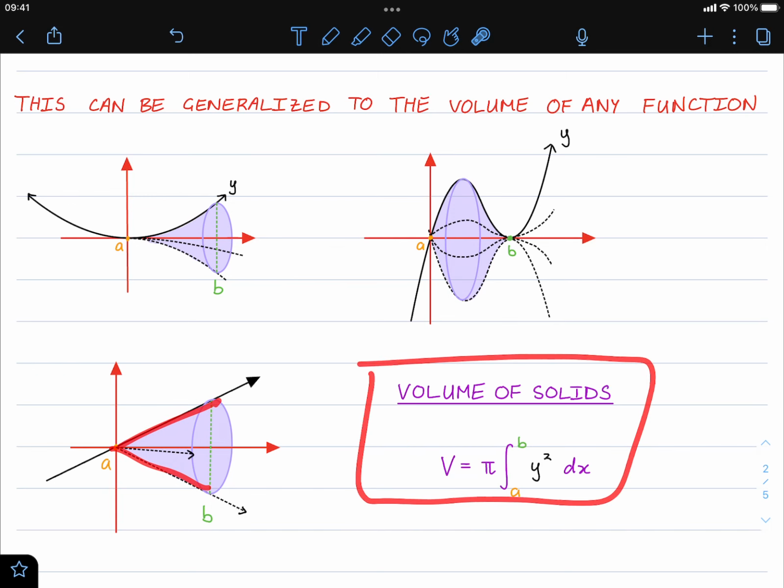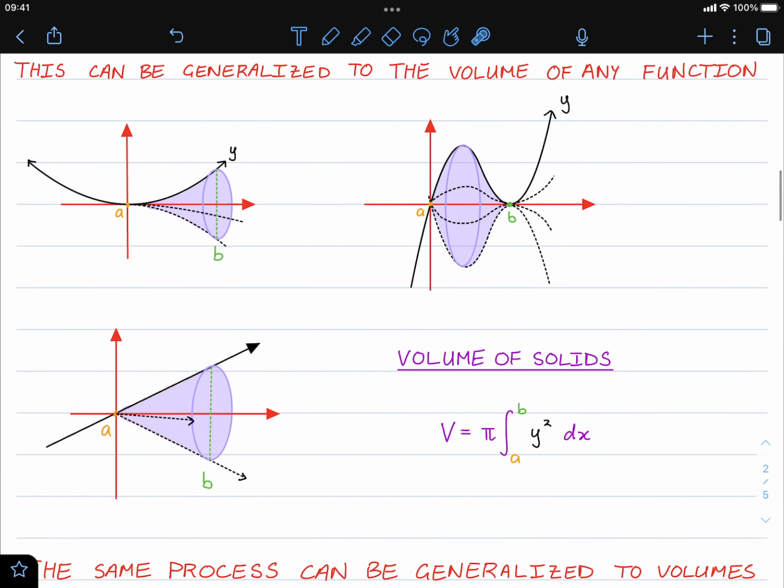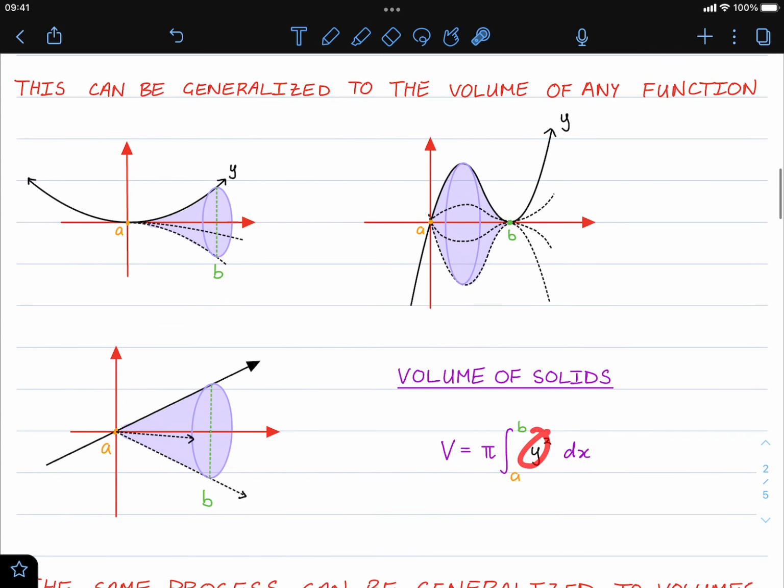So the volume of a solid rotated around the x-axis is pi times the integral from A to B of the function y squared dx.